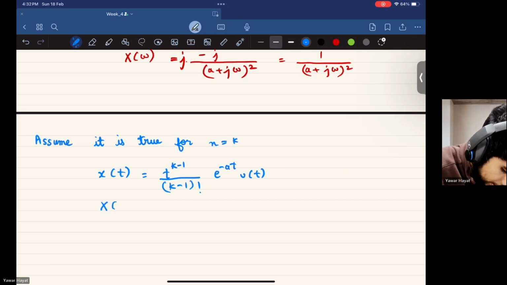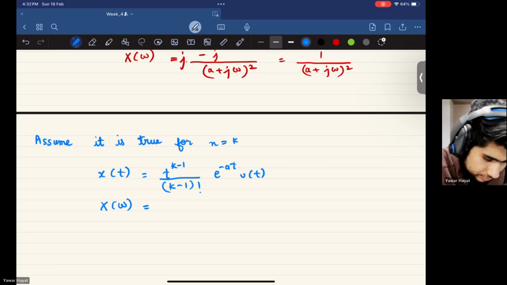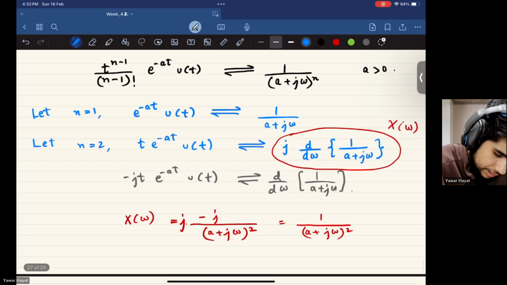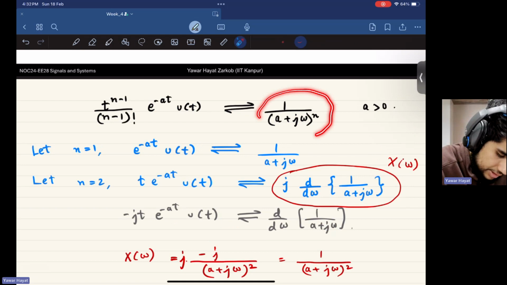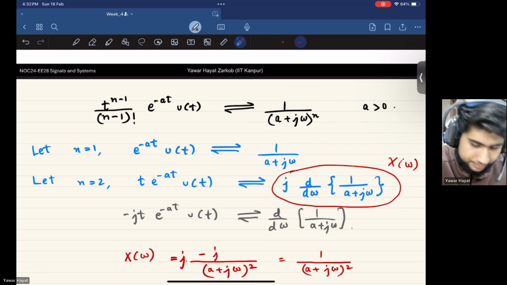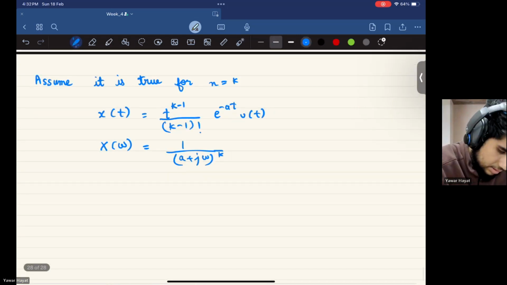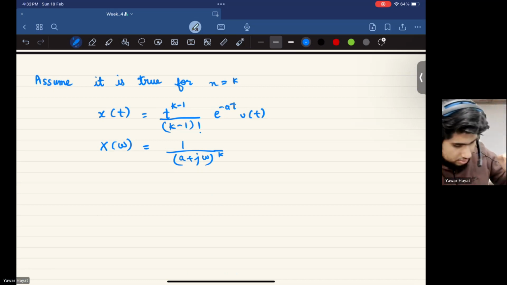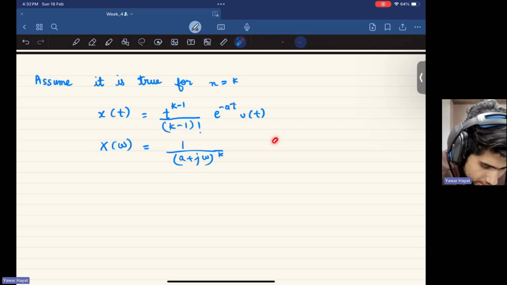Okay, and x of omega would be 1 by (a plus j omega) raised to the power k, right? Replacing this n by k again. Now this is something that we'll assume.